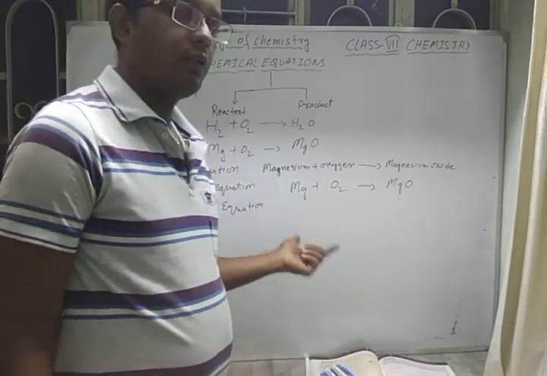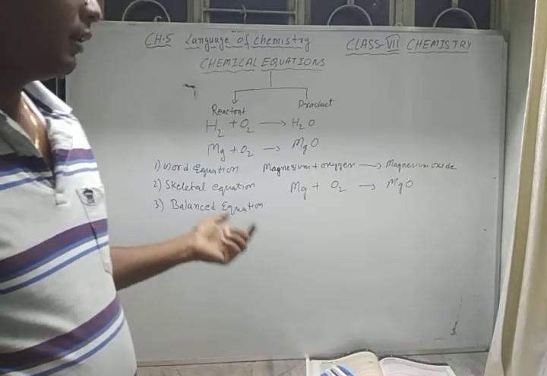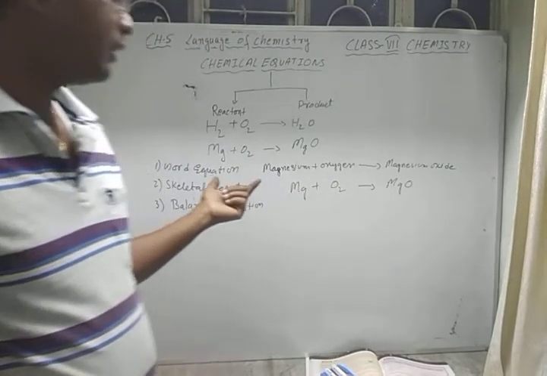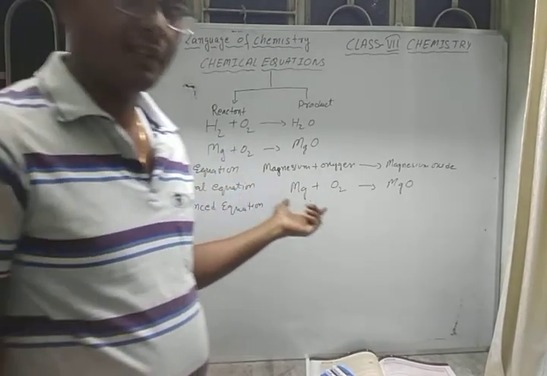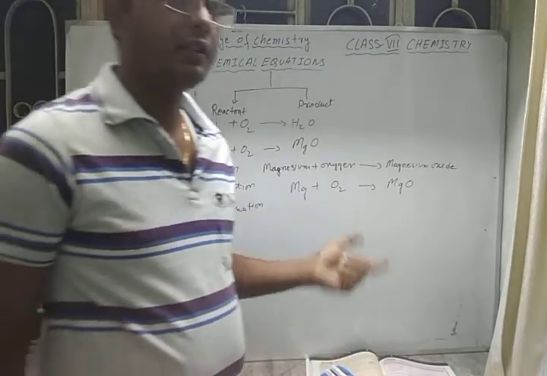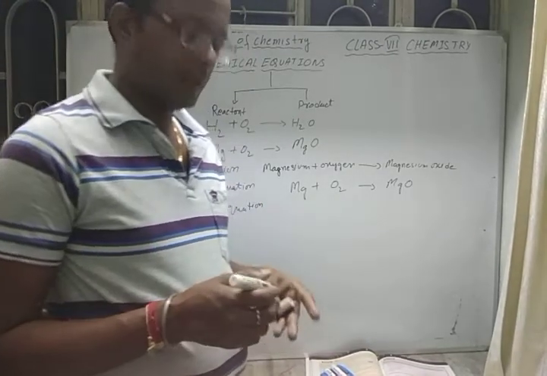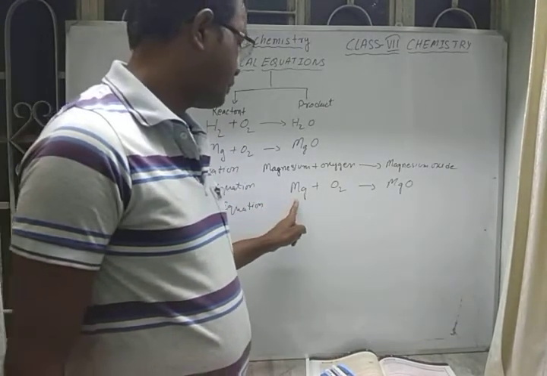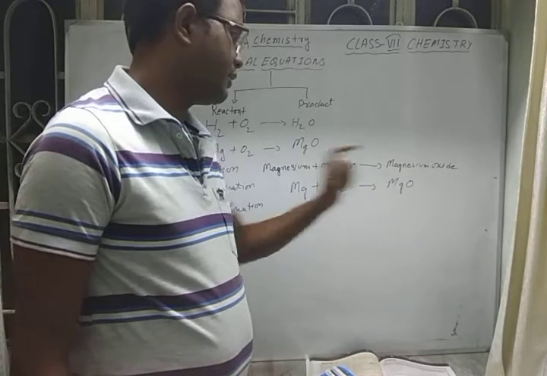Now you have to balance the chemical equation. According to the law of conservation of mass, matter cannot be created nor destroyed, it can only be transformed. So before reaction and after reaction, the number of atoms remains the same. Here the number of atoms of magnesium is 1, here also 1, so it is balanced.